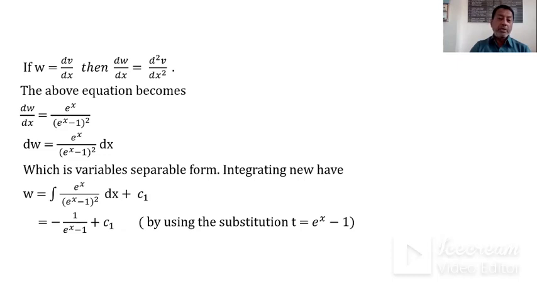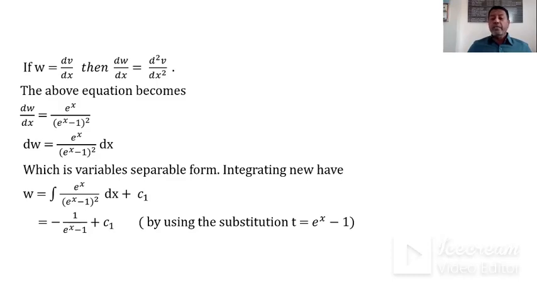Now we evaluate this integral. To evaluate this integral, we use the method of substitution. We take the substitution, put t is equal to e to the power x minus 1. Therefore, e to the power x is equal to t plus 1.